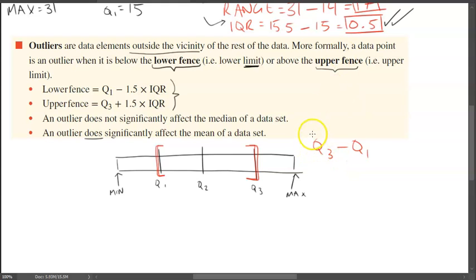And then what we do with this number is we multiply it by 1.5. Or in other words, we make this amount bigger by 1.5. This range here, we're going to enlarge by 1.5, so it looks like it is now that big.